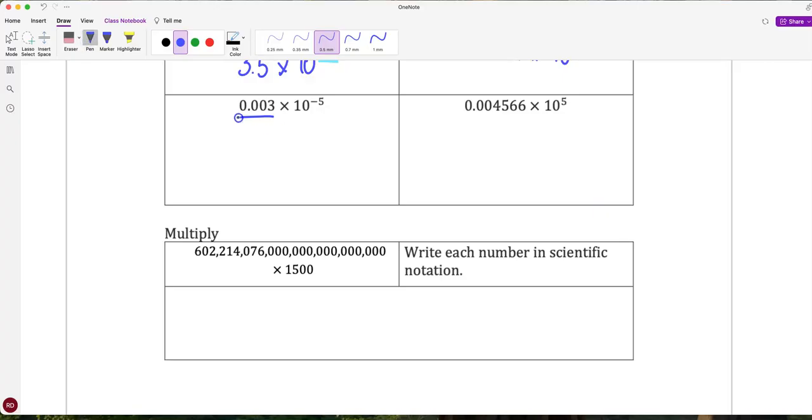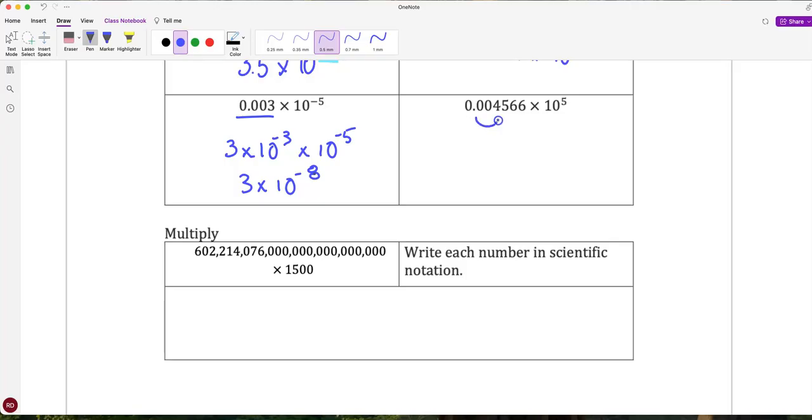This one, the number needs to be between 1 and 10. So if I make this number 3, in order to do that, I have to make it larger by 1, 2, 3 powers of 10. So this is 10 to the negative 3 times 10 to the negative 5. When I add those exponents, 3 times 10 to the negative 8 power.